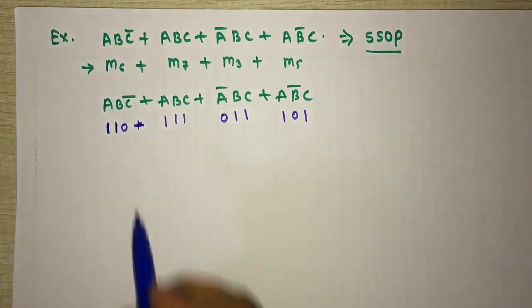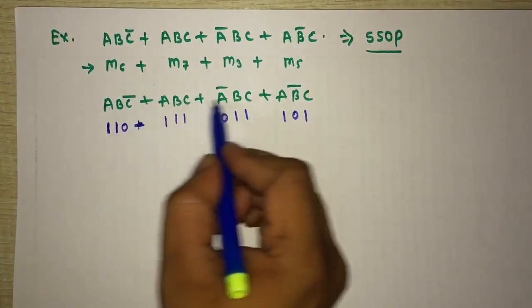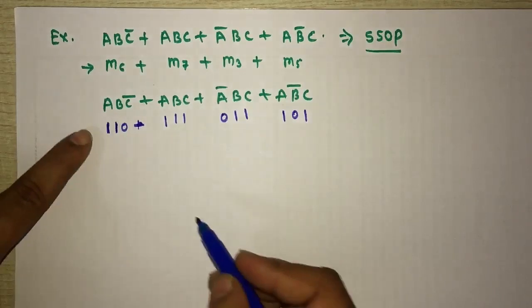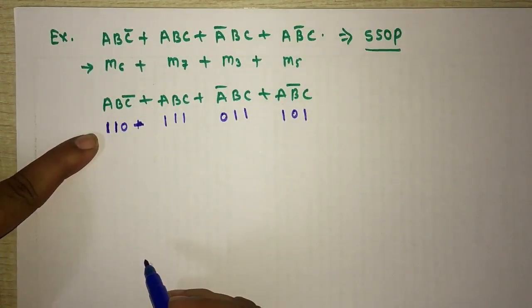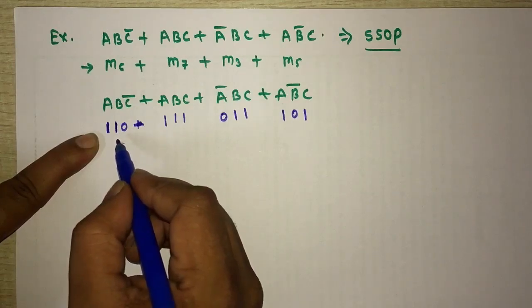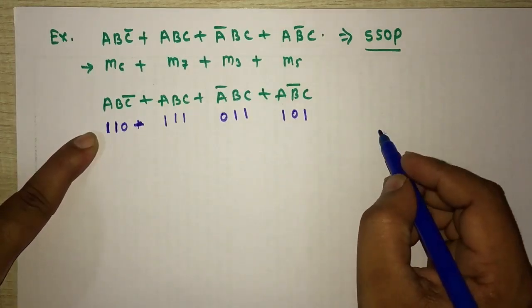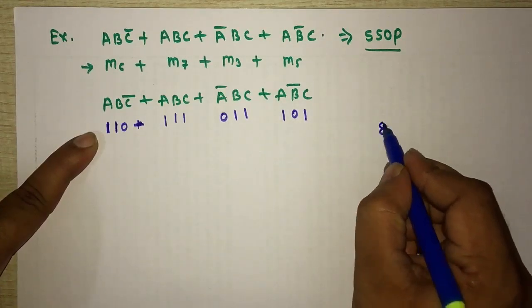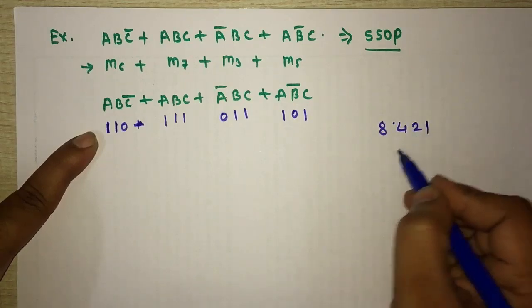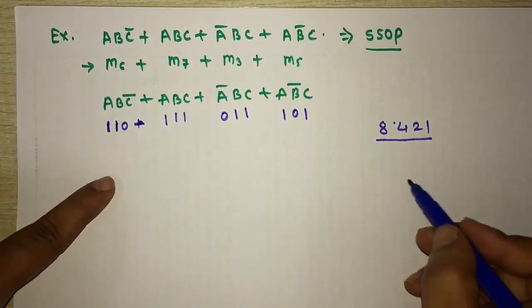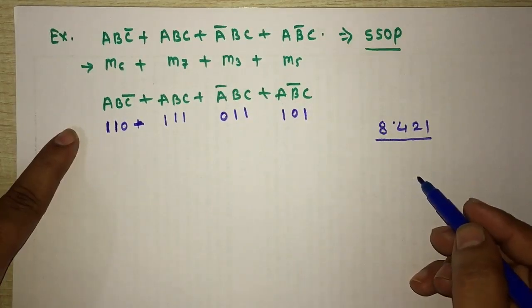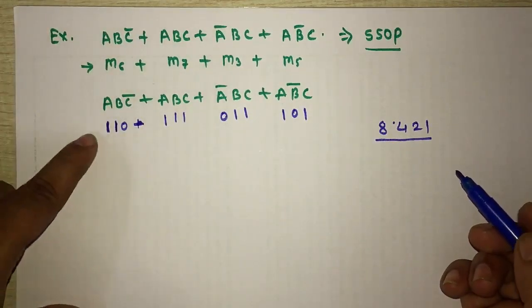Okay, so these are the binary equivalents of these terms. Now we have to convert this binary value into the decimal one. So how do we convert binary into decimal? I think you may know the 8421 format. So this is the 8421 format. From that we will convert any decimal value into binary value.